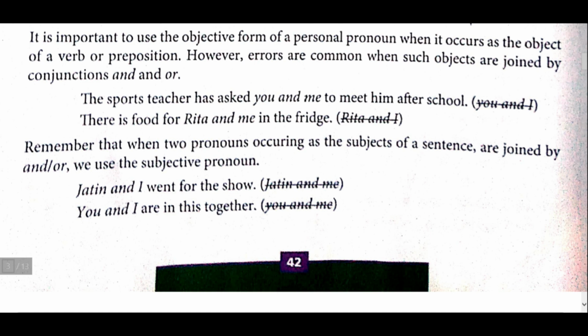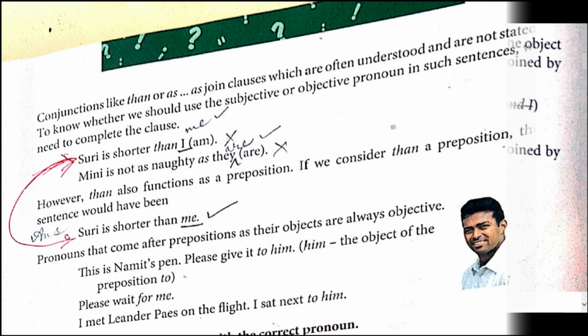Here in the second one, Jatin and I went for the show. Who went for the show? Jatin and I. So they are coming on the subjective side. So they are subjective pronouns. Second example, you and I are in this together. So here also, who are in this together? You and I, not you and me. Be a little careful regarding this.